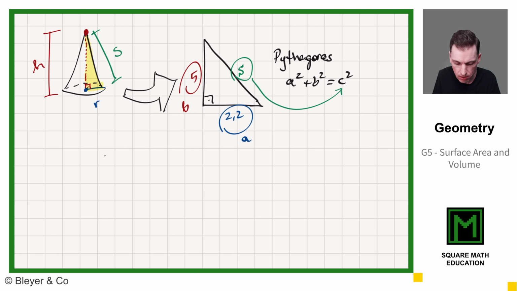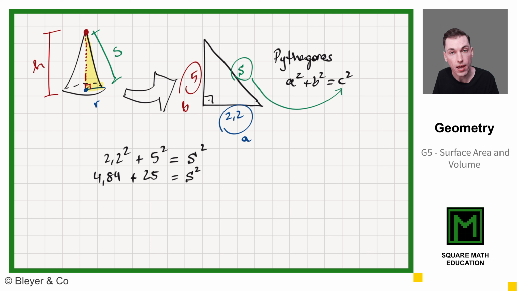Plugging in: 2.2 squared plus 5 squared should be equal to s squared. 4.84 plus 25 is equal to s squared.